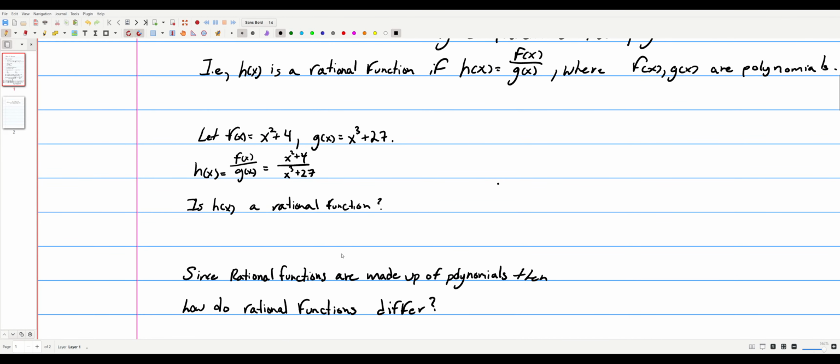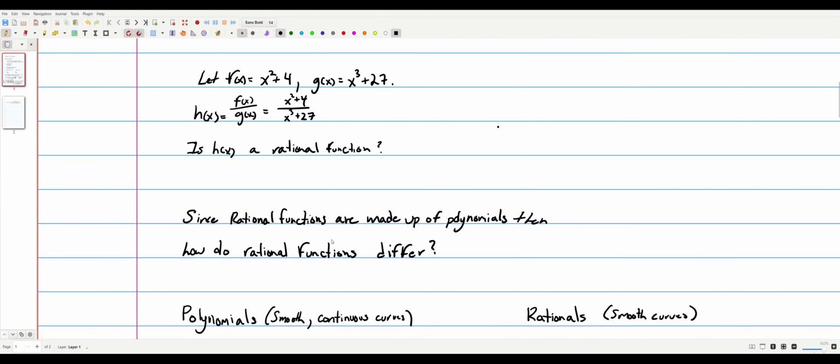So you may be asking yourself at this point, since rational functions are made up of polynomials, how do rational functions differ from polynomials? Well, recall that polynomials are smooth, continuous curves. The smooth part talks about not having any jagged edges or corners in the graph of the function.